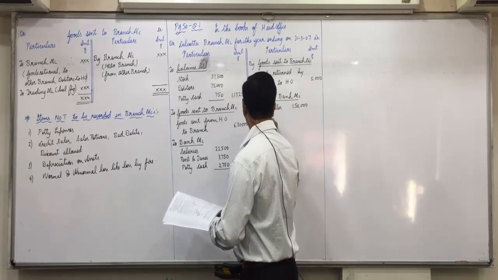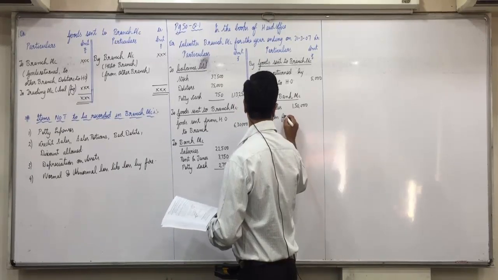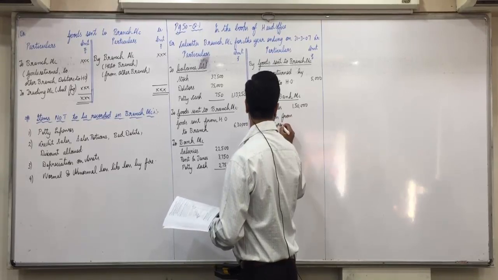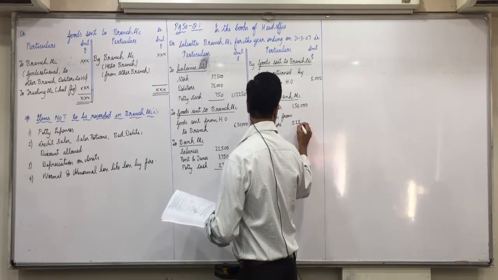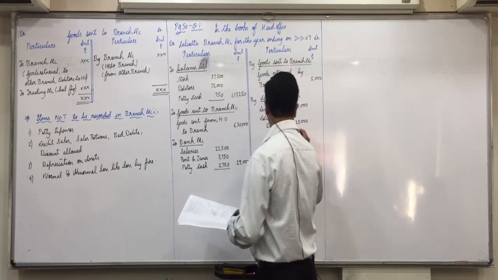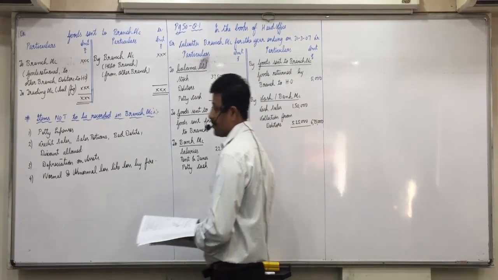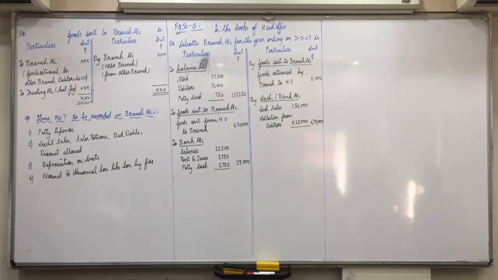Cash received from debtors, so collection from debtors 5,25,000. Only two things are there here, so 6,75,000. Is everyone clear with this?